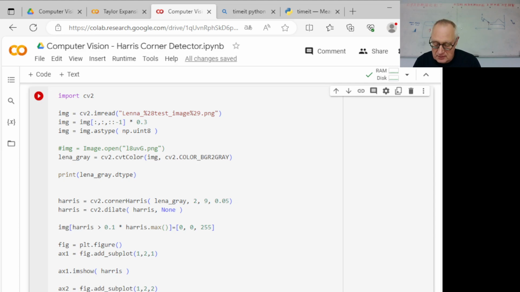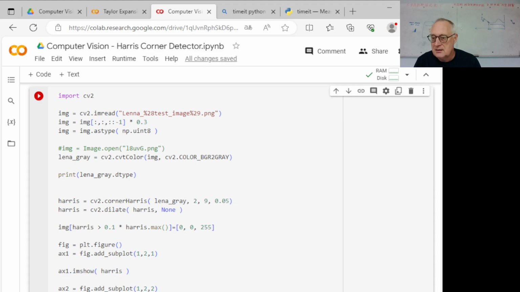Image is equal to np.random.randint 0 255. That's why. How big is that image? Of course, it depends on how big the image is. So I create a random image of size 1000 by 1000 pixels.